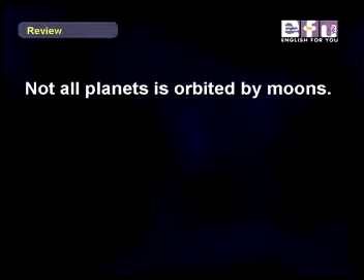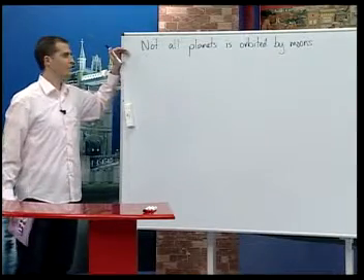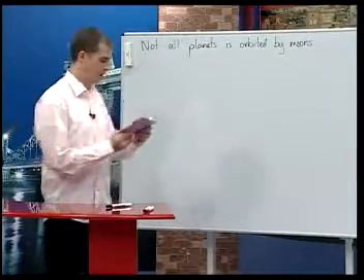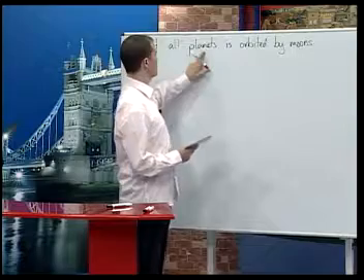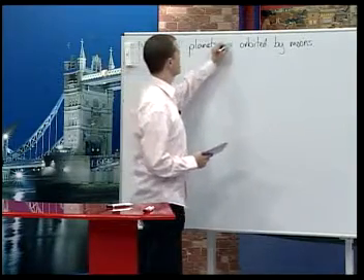Not all planets is orbited by moons. What's the mistake? You should change the verb. Not all planets are orbited by moons. So the verb changes. Yes. Because planets is plural. Okay, so that's the mistake.